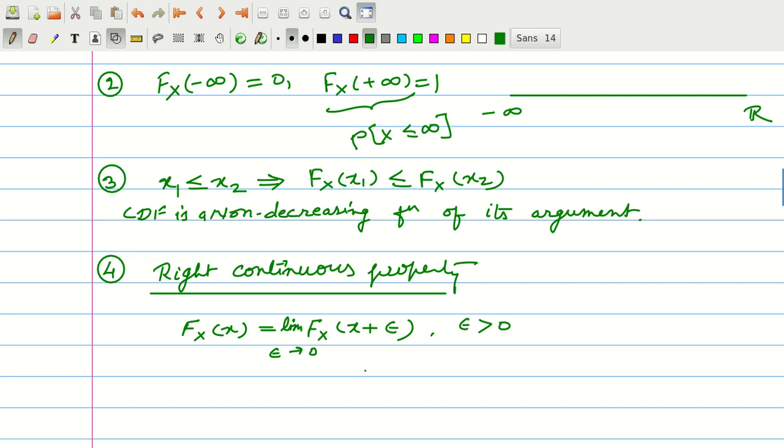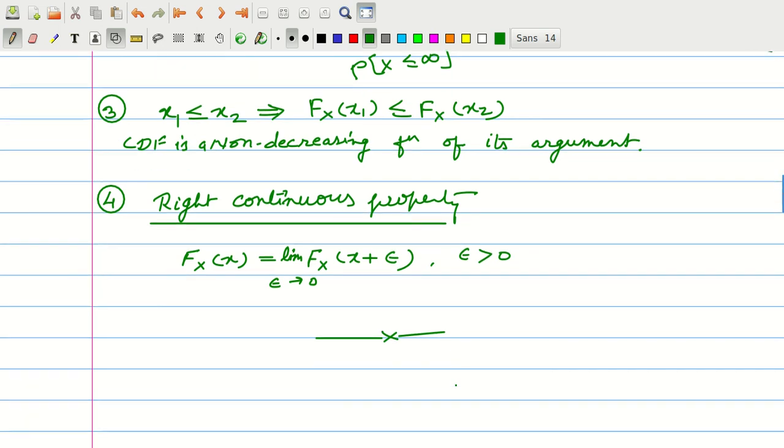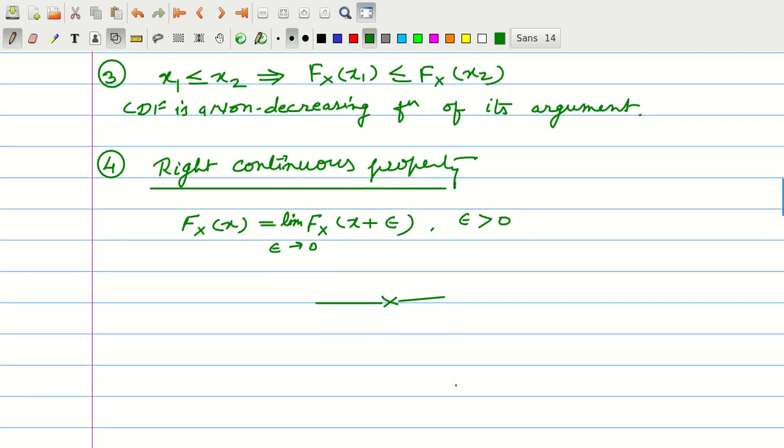Let us now prove one of the properties. Let's prove property number 3. Proof of property 3.